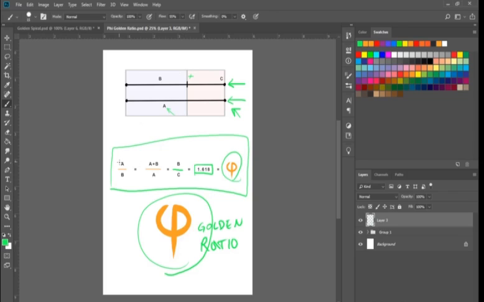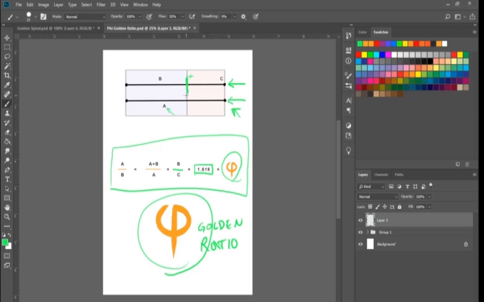So if A equals 1.618 divided by 1, everything starts to work out here, and we get 1.618 at the end. Phi equals 1.618. So essentially this is all about the division point of a singular line.